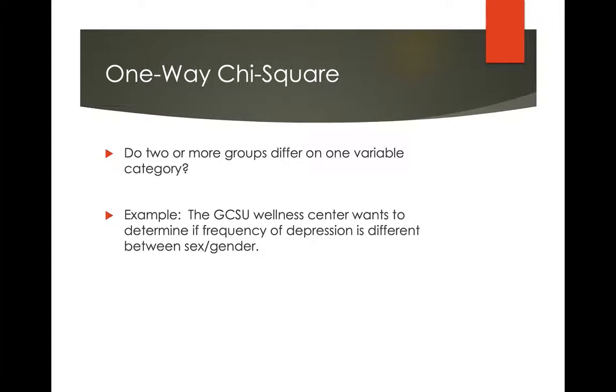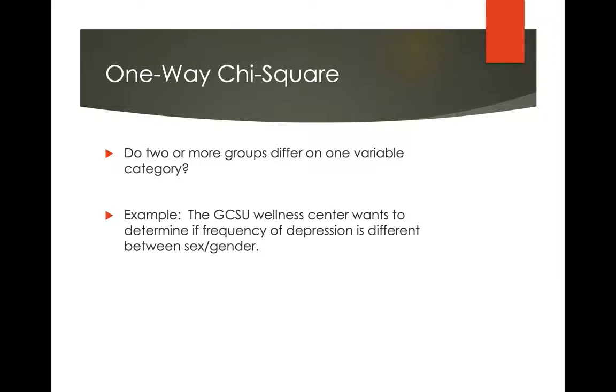Now I'm going to take a look at an example. With this example, we'll go through the 7-step principle and arrive at the conclusion. The Georgia College Wellness Center wants to determine if the frequency of depression is different between men and women.